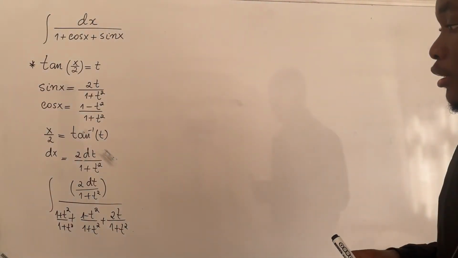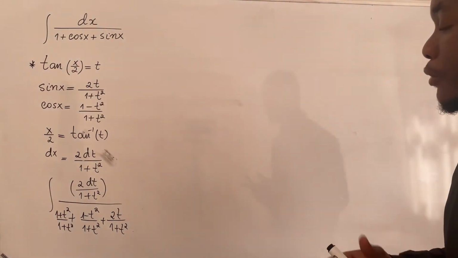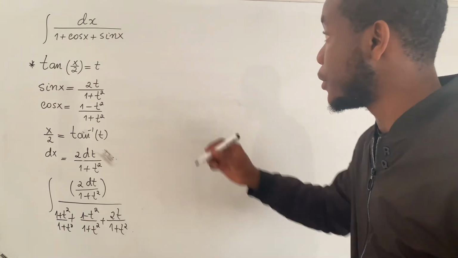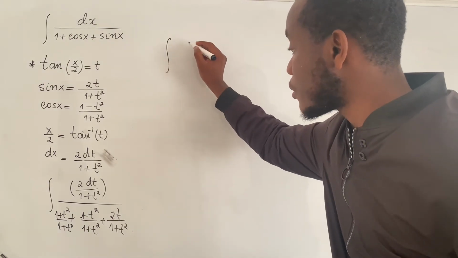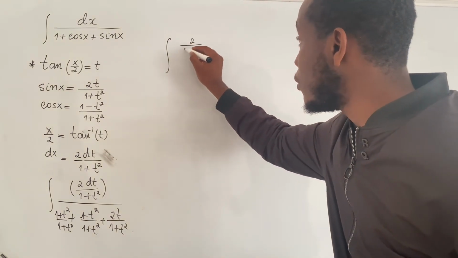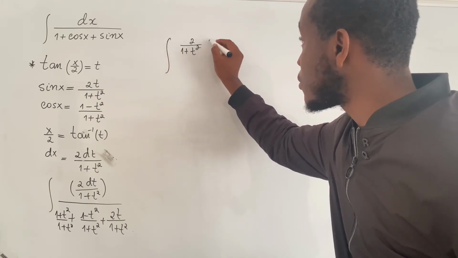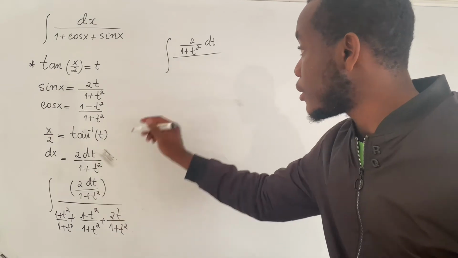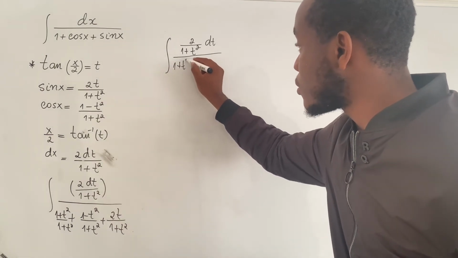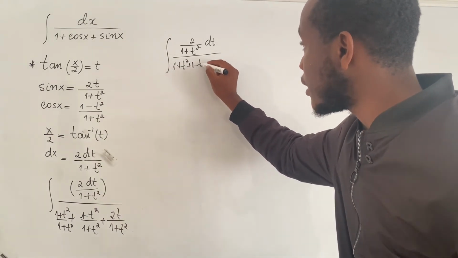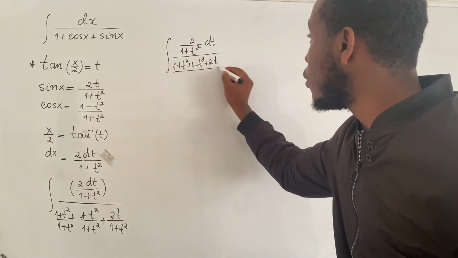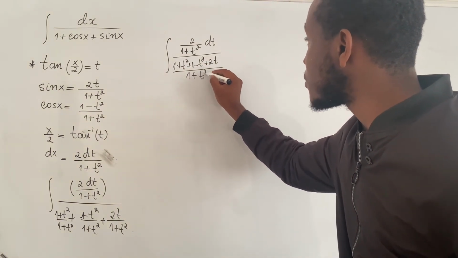So we're going to have the integral of 2 over 1 plus t squared dt over 1 plus t squared plus 1 minus t squared plus 2t over 1 plus t squared.